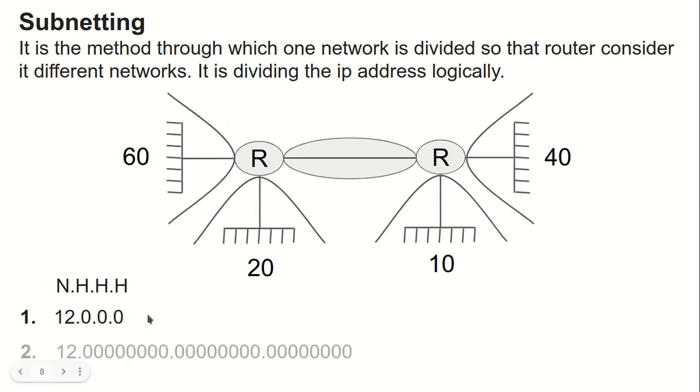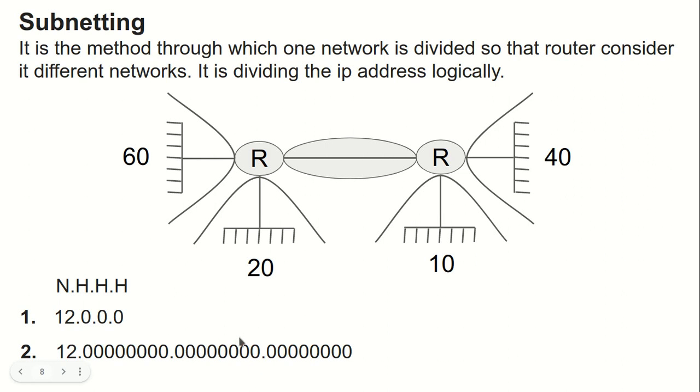After that, the second part of this IP address is that each number present in the IP address will have 8 binary digits. So 12 will have 8 binary digits. Similarly, 0 will have 8 binary digits. I have written it, but you just need to remember that each number will have 8 binary digits.